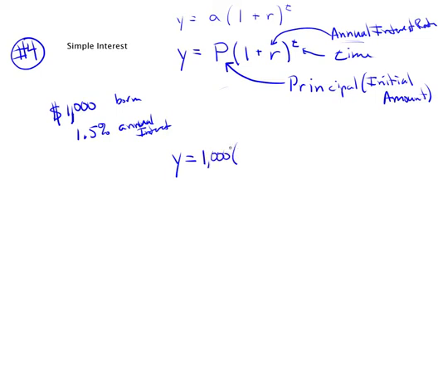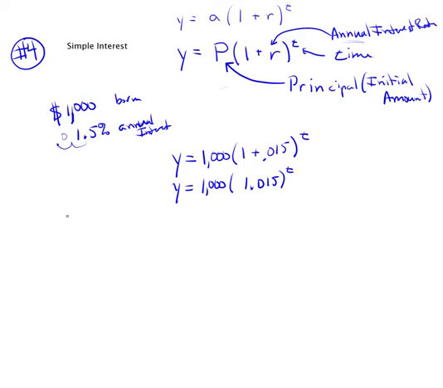That's at the 0. 100% plus our rate. We have to be careful here because this is a tricky one with the decimal. So remember to change the percent to a decimal. We move it over 2 places, so it would be 0.015 as a decimal, to the power of t. And then we'll simplify that to 1,000 times 1.015 to the t power.